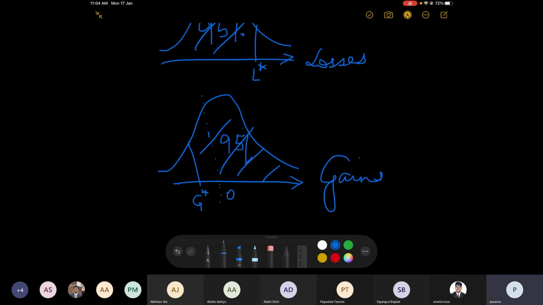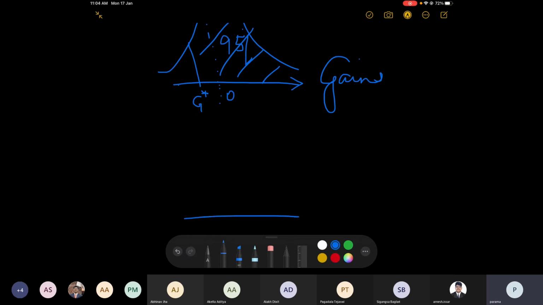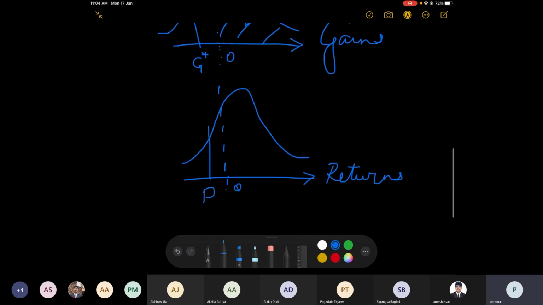Or we can look at returns, and again similarly, this may be a zero value, and we can say this R star is the worst return we can have, such that this entire area is 95%.